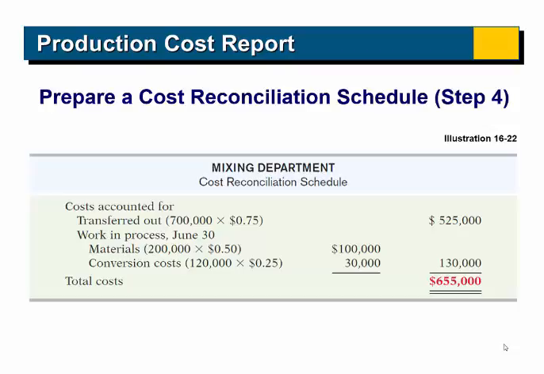How are we going to plot out our calculations? 700,000 units are transferred out. They get 50 cents as to materials and 25 cents as to conversion, for a total of 75 cents. Therefore, 525,000 is attached to those units.